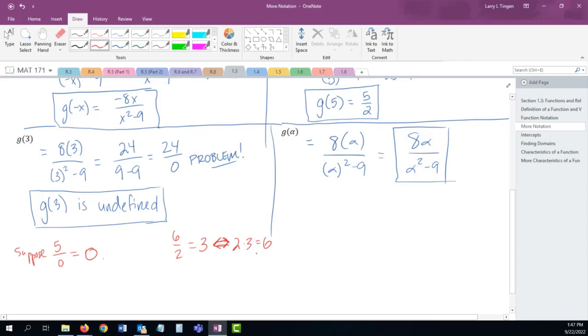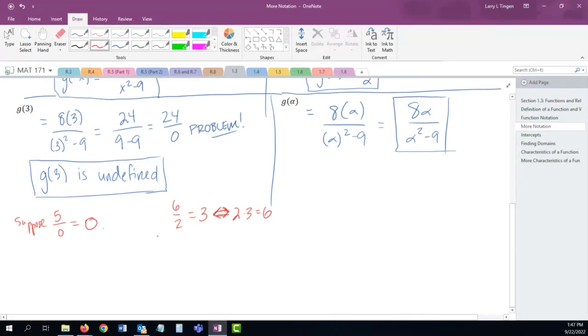That's pretty concrete, right? If we apply that, suppose 5 divided by 0 equals 0. Well, if that's true, then 0 times 0 equals 5, and that's impossible. Okay. If you assume that dividing by 0 leaves you something other than 0, you're still going to end up with a problem that says 0 times some number is something that's not 0. So this is why division by 0 is undefined.